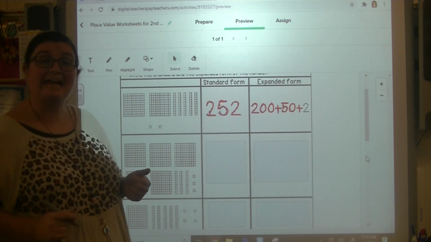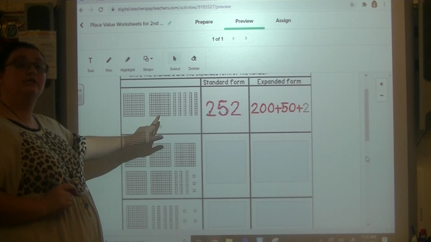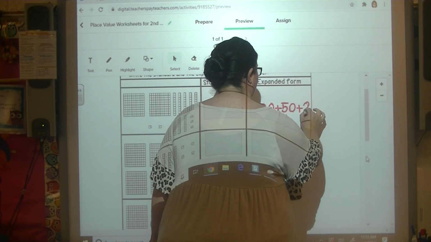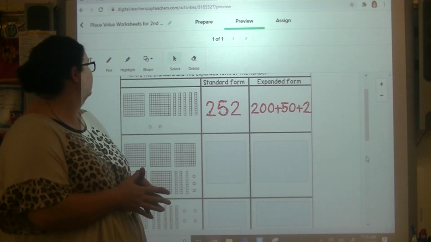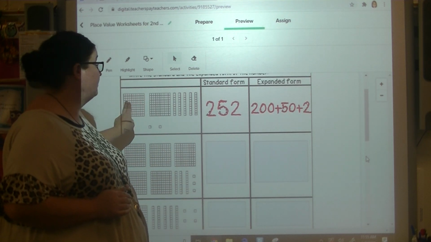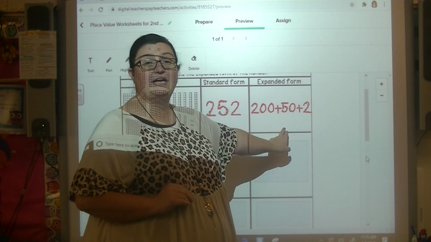Plus your ones. Count by ones. Get ready. 1, 2. All right. So this is the number 252 in base 10 blocks, standard form, and expanded form.